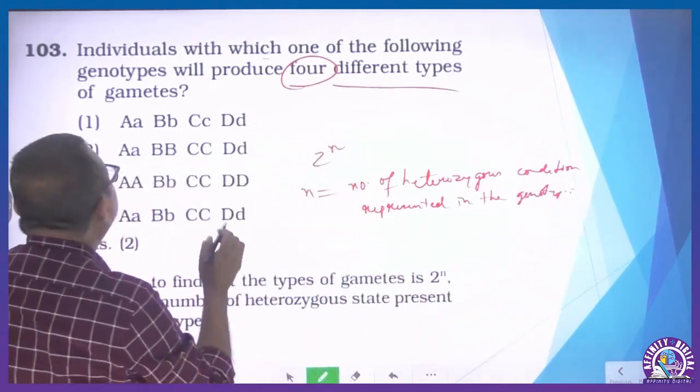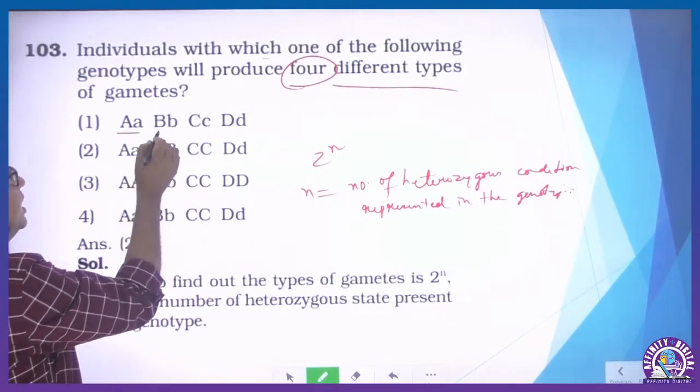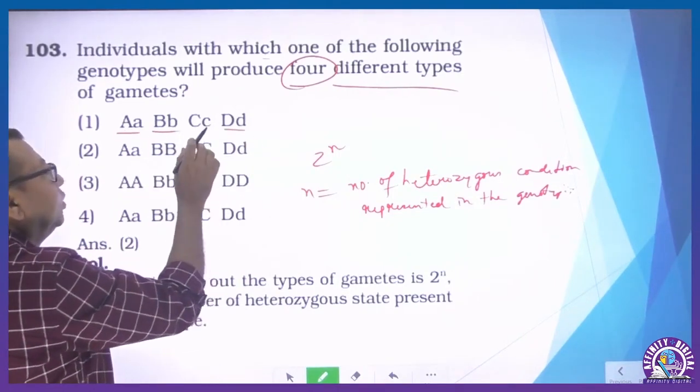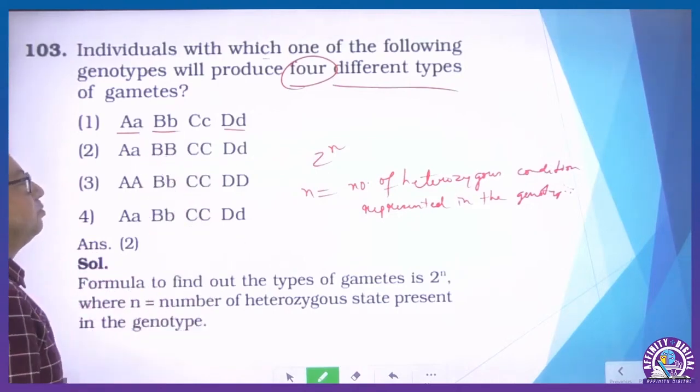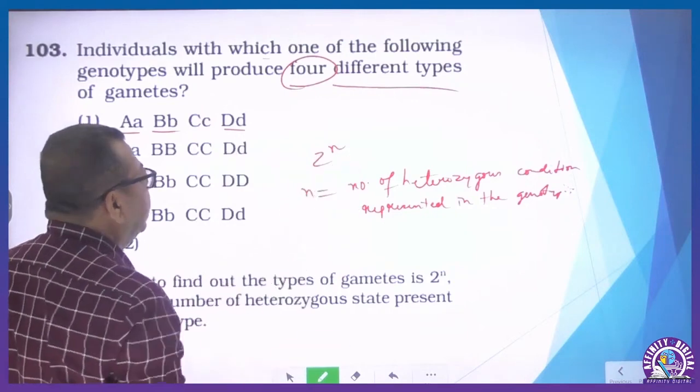How many heterozygous states are in this genotype? 1, 2, 3. So this genotype will produce 8 different types of gametes, because n here will be 3. So 2 to the power 3 is 8.